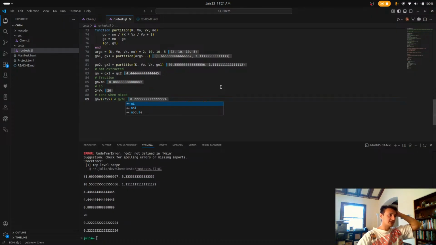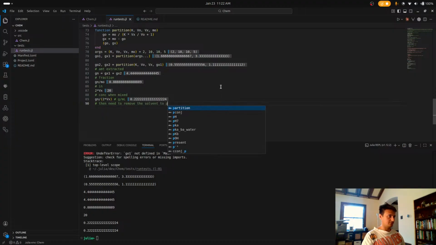So how many is that? So it's pretty low. So you have to concentrate it. So you need to then remove the solvent, not to purify it, but to get it out.